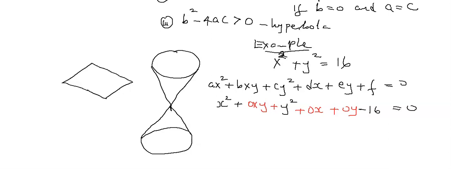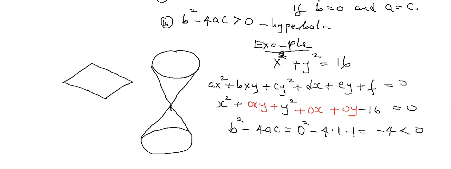And you can now say that the value of the discriminant b squared minus 4ac will be equal to 0 squared minus 4 times a, which is 1, times c, which is 1. And this will give us minus 4, and minus 4 is less than 0.